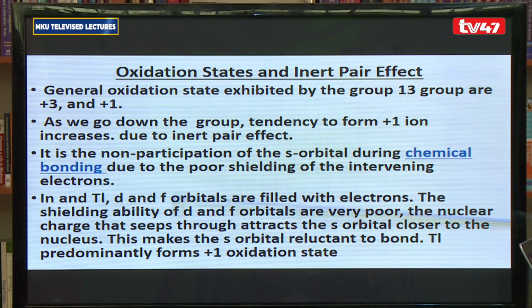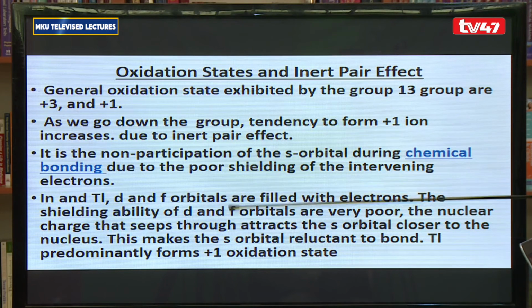So as we move down the group, the tendency to form +1 ions increases. And this is because the s orbitals do not participate in chemical bonding because of the poor shielding of the intervening electrons.